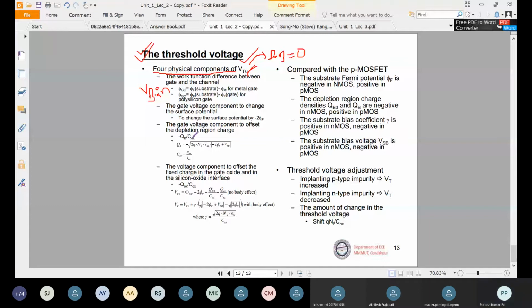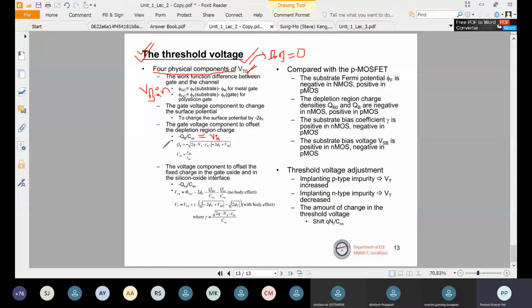So QB divided by COX will be equal to the voltage. Okay, and that voltage will be required to compensate this QB charge of the depletion region.